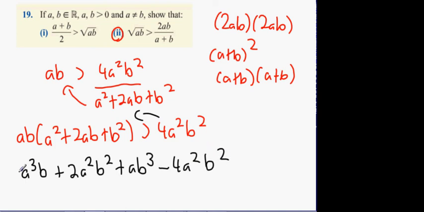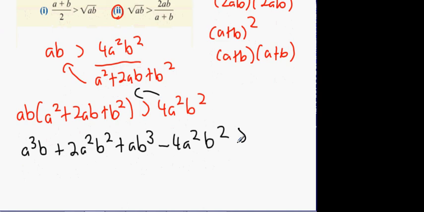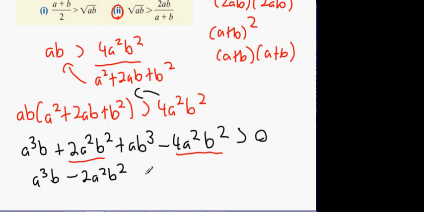Okay, still haven't figured this one out yet. I'm just hoping it'll all come together in the last second. It's usually what happens. Okay, a cubed b. These two are the same variables. That's going to be minus. And then finally at the end it's going to be ab cubed.